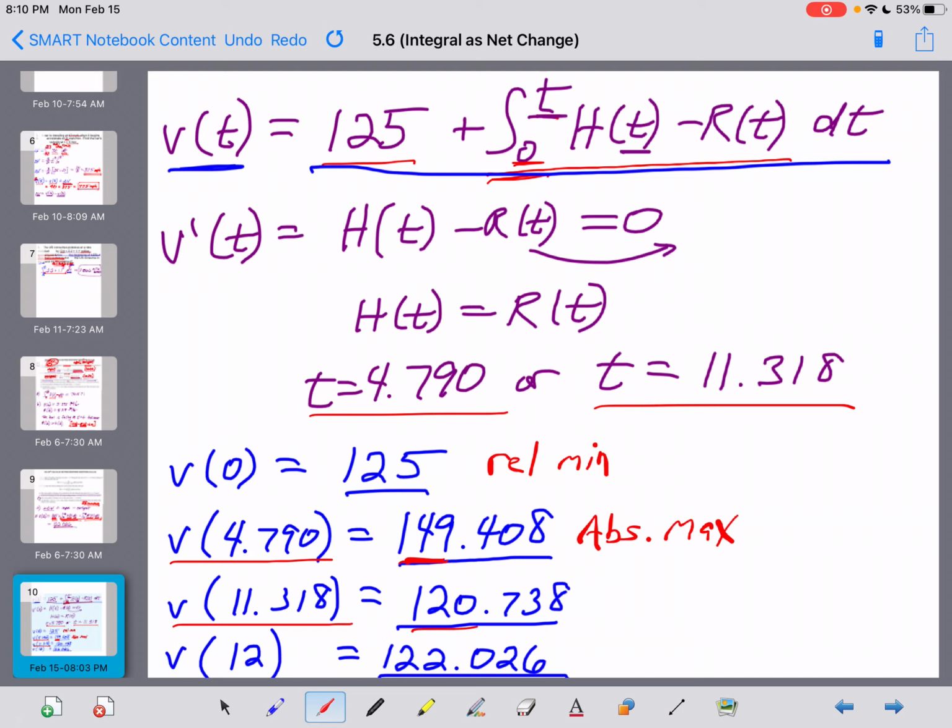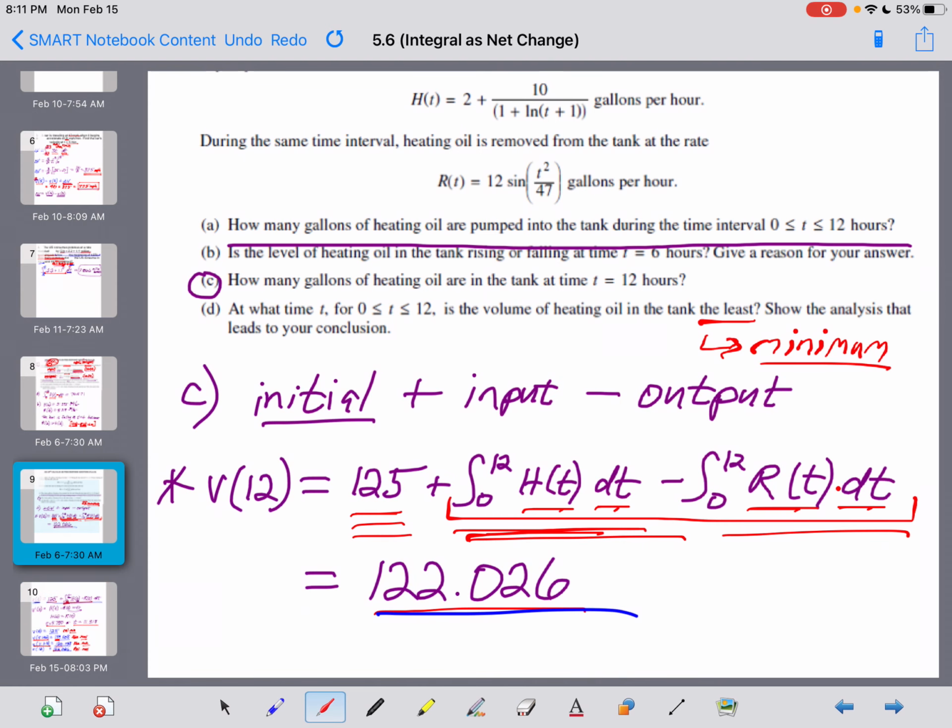That 120 that we came up with is the lowest value out of all four, so that's the absolute minimum. And then it goes back up slightly to 122. That's what we call a relative max. And I want to remind you guys that unless a function is not continuous, your minima and maxima always alternate. Min, max, min, max.